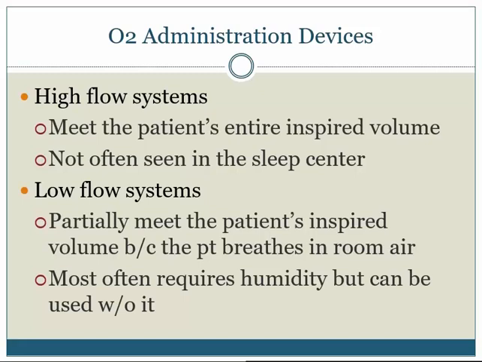They partially meet the patient's inspired volume, but the patient's also breathing in room air. Like your nasal cannula that goes in the nose, it's partially meeting what they need to breathe in, but if you were to only breathe in what's being delivered by the nasal cannula, you'd be pretty air hungry. You're also breathing in room air. It often requires humidity because it can get quite uncomfortable without it, but it's not necessary. You can use it without it.